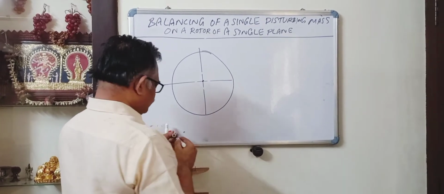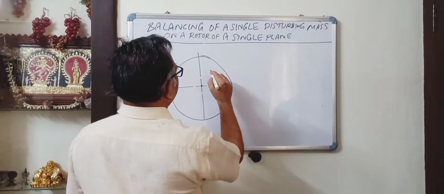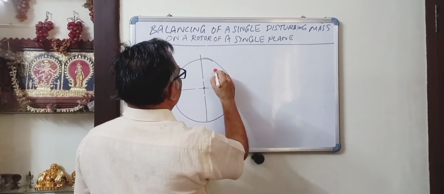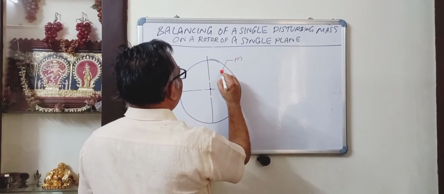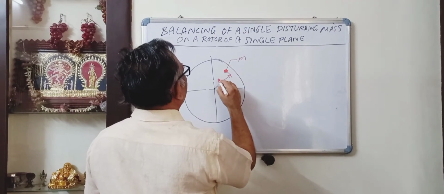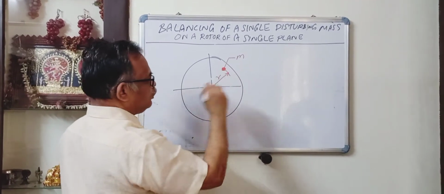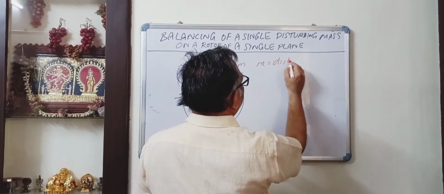Let us assume some additional mass is there like this. Let the mass be small m, located at a distance of r.